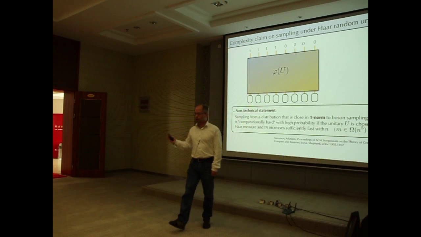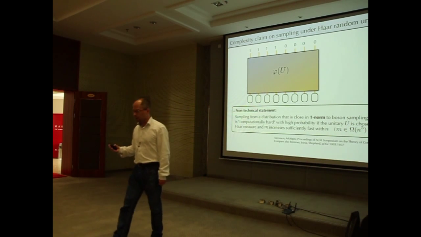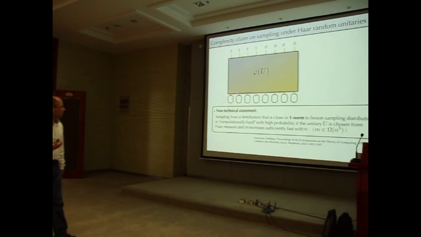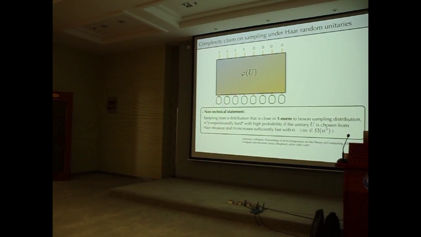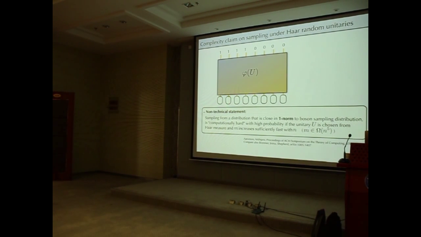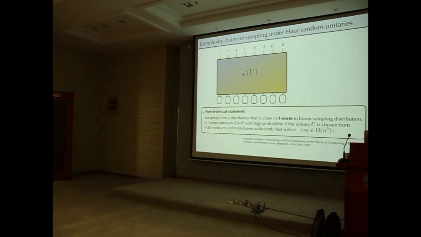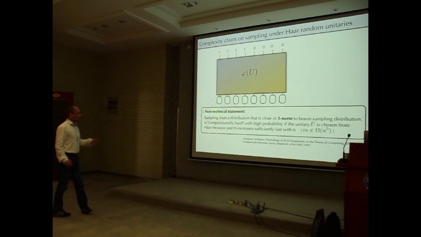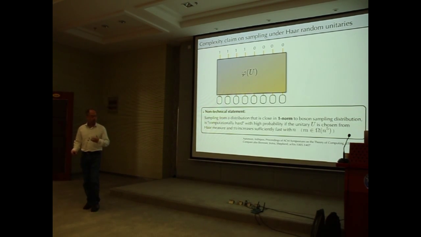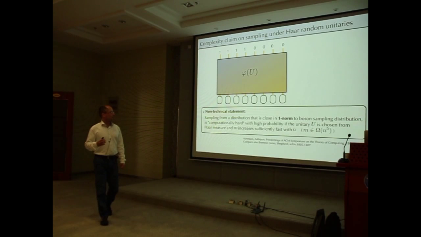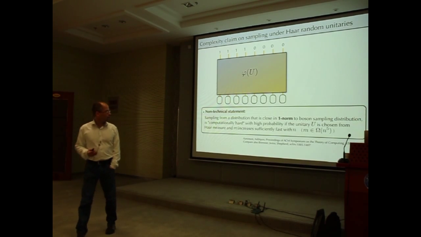That's the layman's version of stating that expression: to sample from a distribution that's not perfectly right, but only close in the total variation distance, the one norm, to the boson sampling distribution is in a way computationally hard, with high probability if the unitary U describing the network is chosen from the Haar measure, and M, the number of modes, is sufficiently large with N, the number of photons.